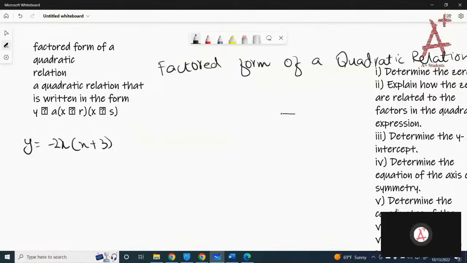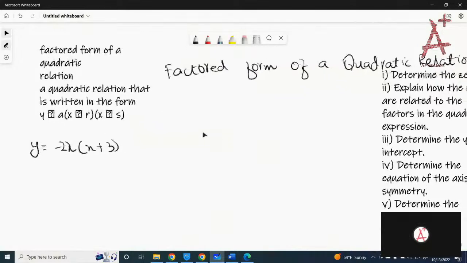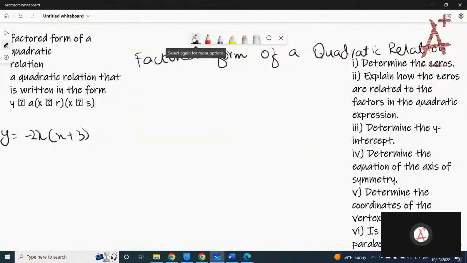So first we have to determine the zeros using the equation. The zeros occur when you put y equals 0. 0 equals negative 2x times (x plus 3).